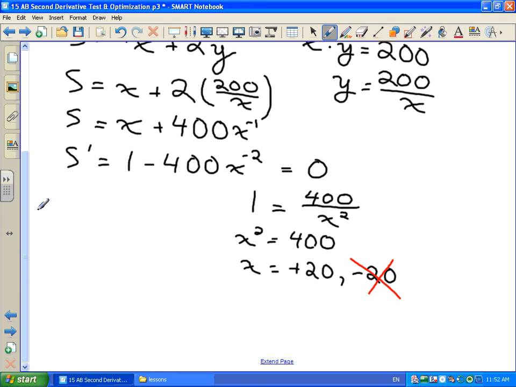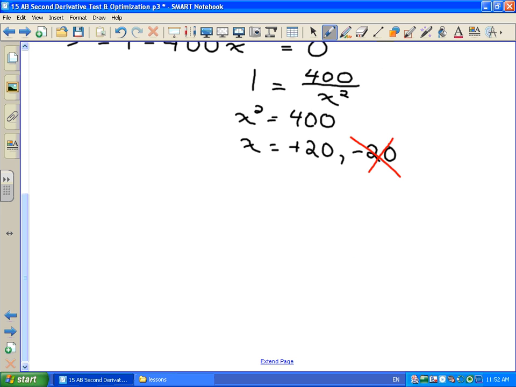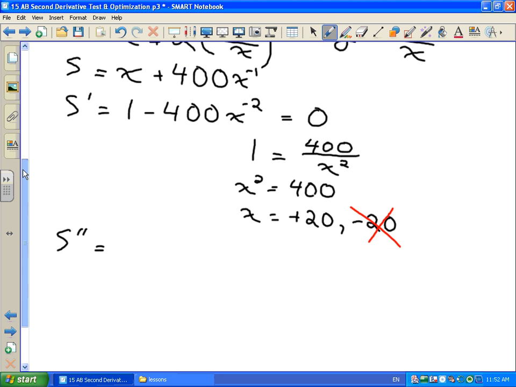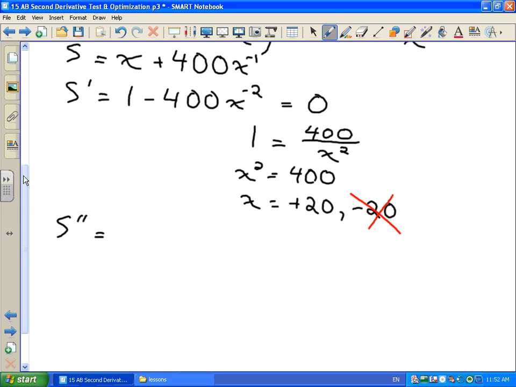Next up, we want to double check that this actually represents a minimum like we want, or this represents the x value that is going to give us the minimum value of the sum rather than a maximum value for the sum. So we're going to do that using the second derivative test. So we'll take our second derivative of our function here. So our derivative is 1 minus 400 x to the negative 2.